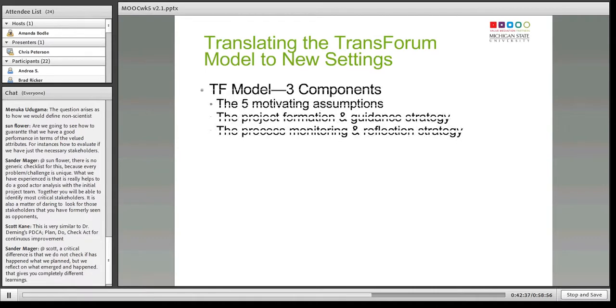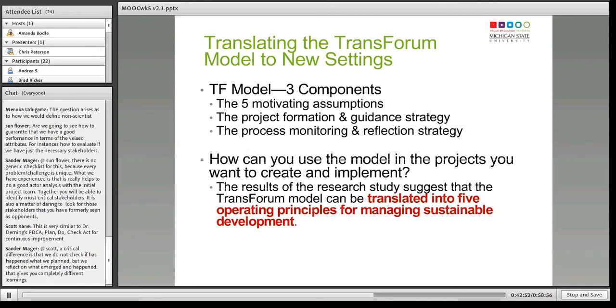Again, remember, there are these three components: the motivating assumptions, the formation and guidance strategies, and the monitoring and reflection strategies. And I believe that we can take 5 common sense, if you will, operating principles for managing sustainable development, based at least on the Transforum experience.